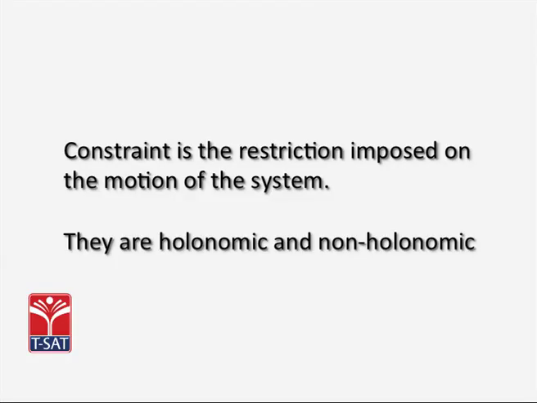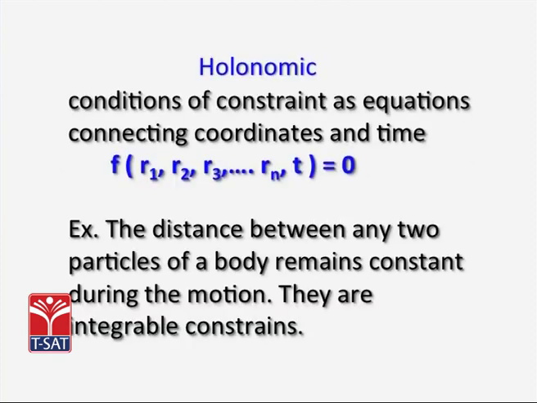Now we introduce what is called a restriction of the motion. There are two types of restrictions. A restriction of a motion is called a constraint as far as physics is concerned. A constraint is the restriction imposed on the motion of the system. There are two types of constraints: one is holonomic constraint, the other is non-holonomic constraint.